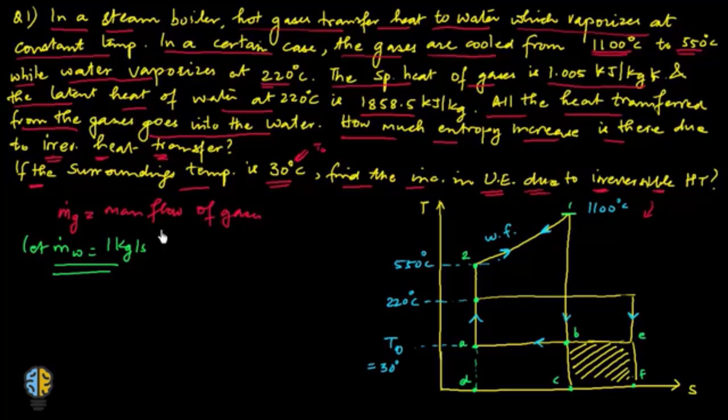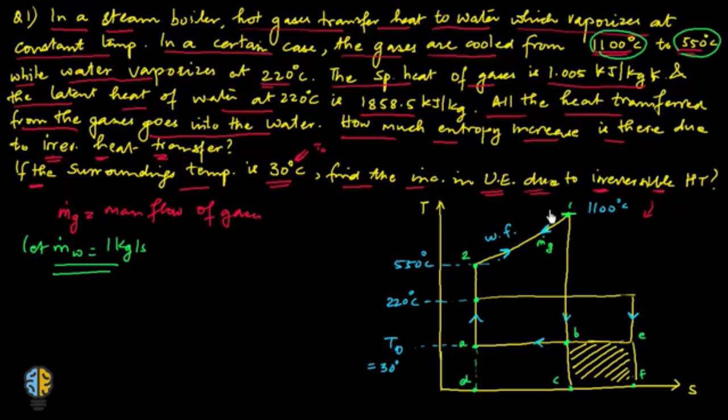Let us say that the gases, which are of mass m dot g, are cooled from 1100 degrees Celsius to 550 degrees Celsius. So from state 1 it cools down to state 2. This is the direction of the cooling of the gases.